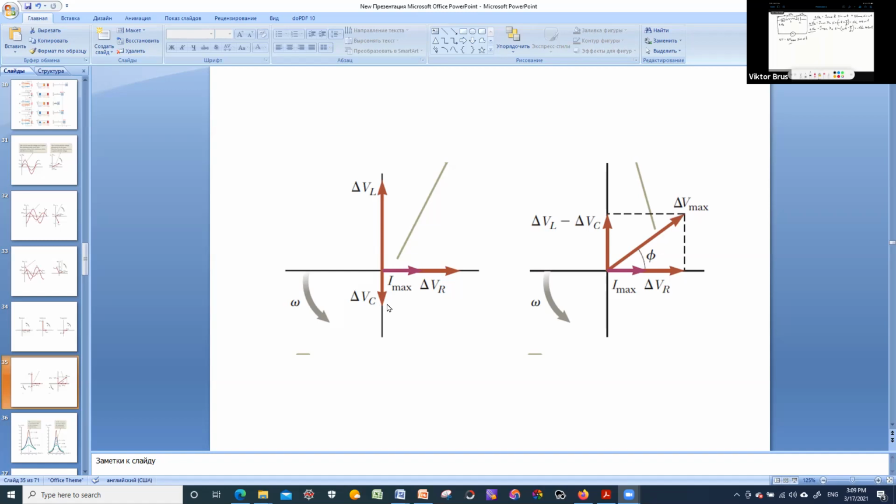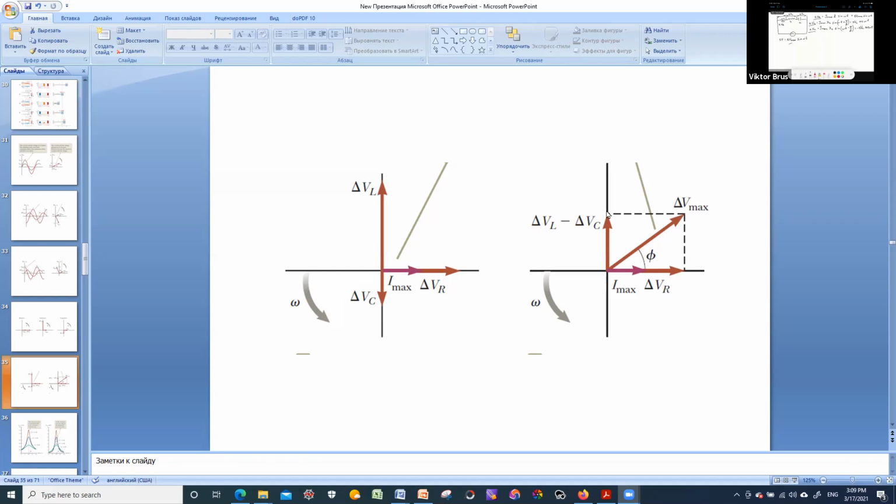So what we need to do in order to get the total voltage over the electric circuit, we need to, in a vector form, add all these phasors. So first we subtract phasor delta VC from delta VL.